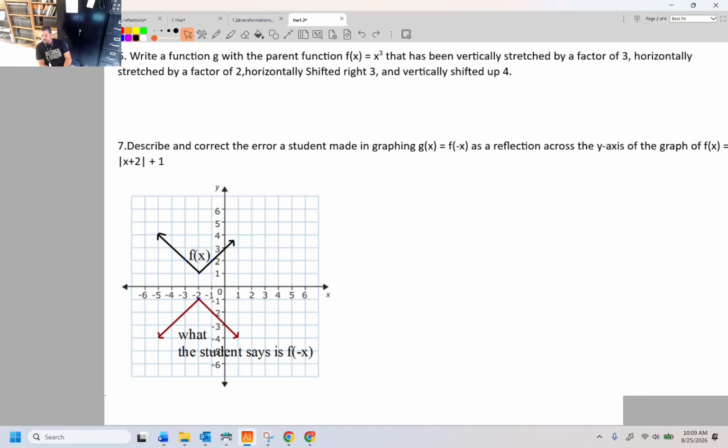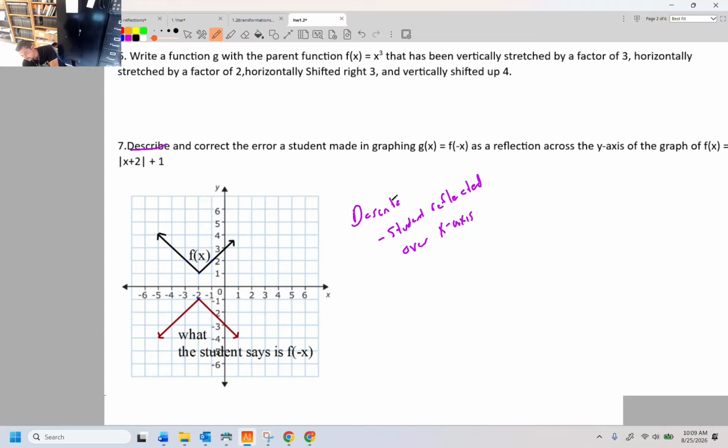Describe and correct the error a student made in graphing g of x equals f of negative x as a reflection across the y-axis. And they did make a huge mistake because they did not reflect on the y-axis. Obviously, the student, and we're supposed to describe, so under describe, we can say the student reflected over the x-axis.